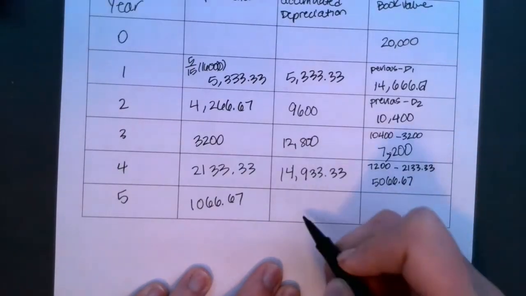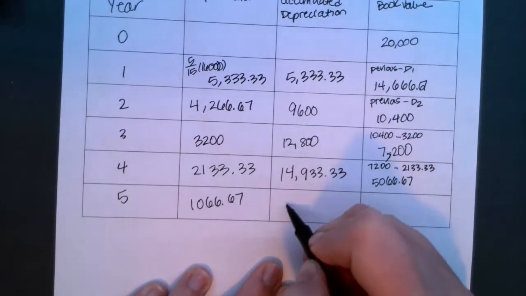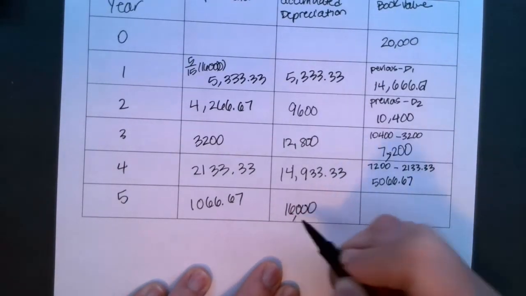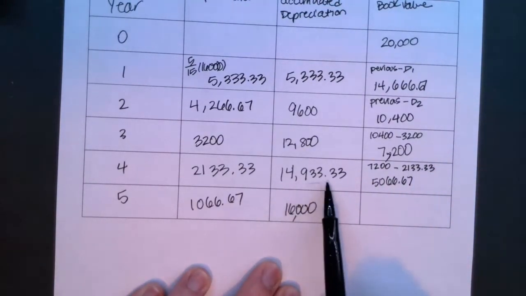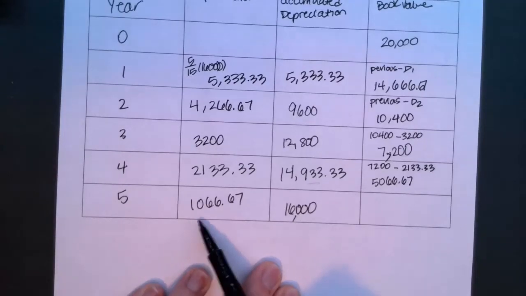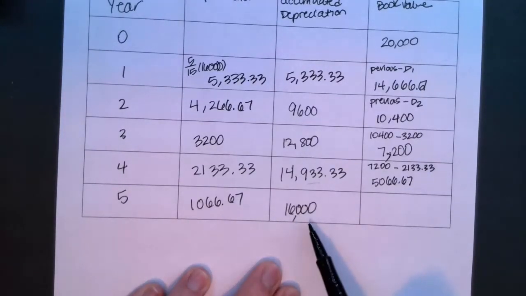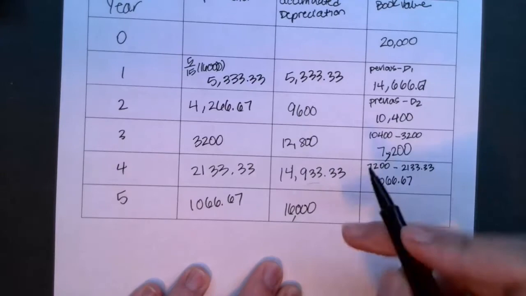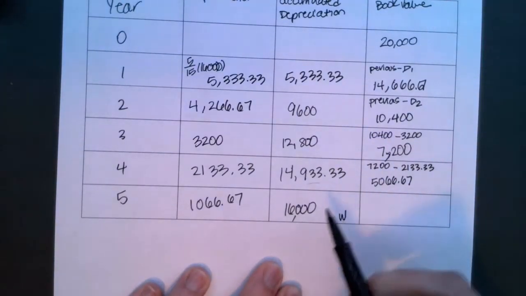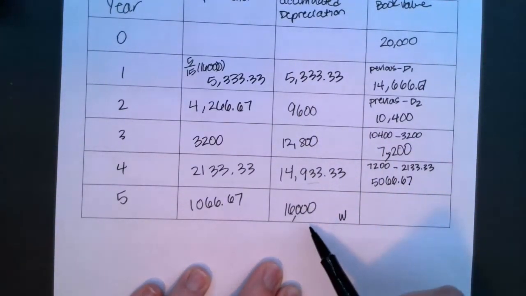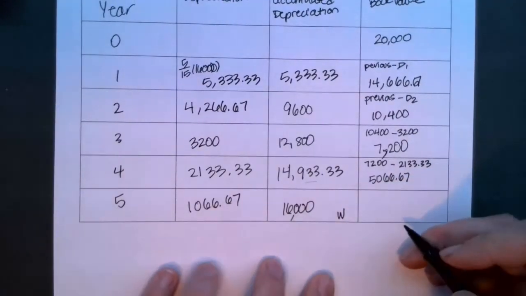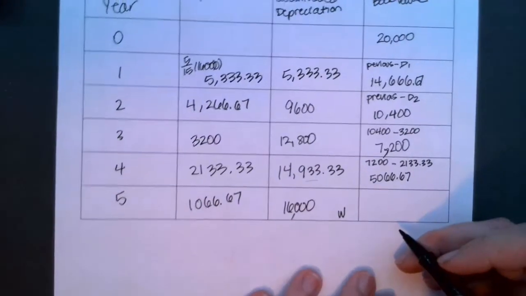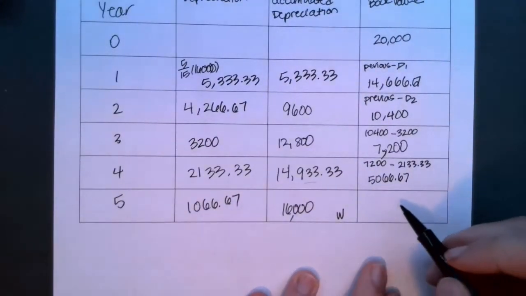And then to finish it up, remember this should be your wearing value. Okay, double checking that. Our 14,933.33 plus our 1,066.67 would indeed give us 16,000. So you want to make sure, again, this should always be your W, and you want to make sure that these really do add up to that, because otherwise this piece would be the one that gets adjusted. Just like what we did with the amortization tables, we work backwards that last row.